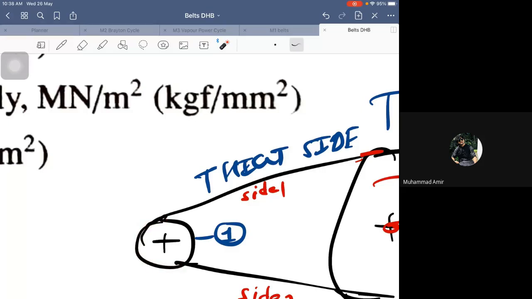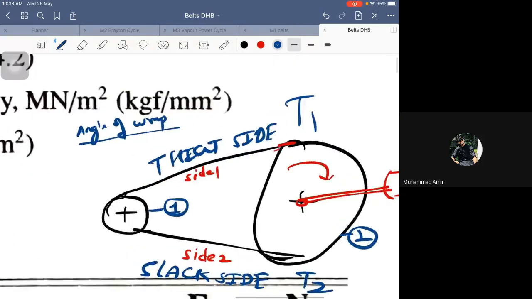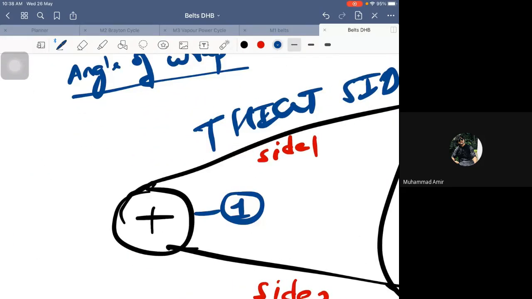And one more thing, there is something known as the angle of wrap. What is this angle of wrap? Let us see. Suppose for this smaller pulley, this is the center distance, correct? Now, mark the points where the belt is touching the pulley.